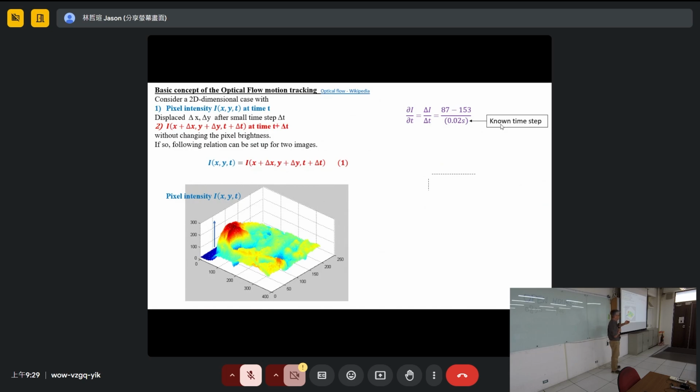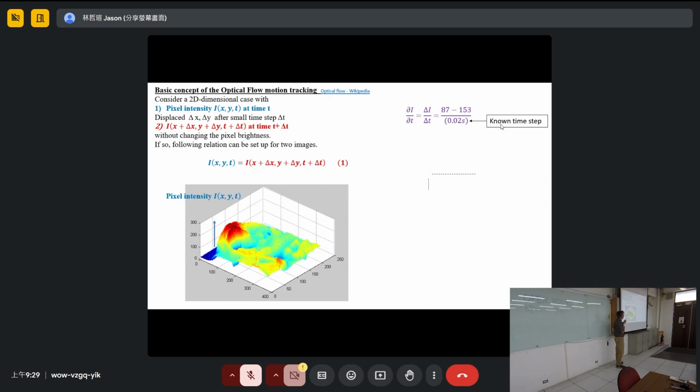If you can do so, the execution after that is consecutive and very simple. So the big assumption here is that the pixel intensity, the brightness, of one point in one frame is exactly the same as the pixel intensity in the next frame. But that same pixel may move by dx and dy.